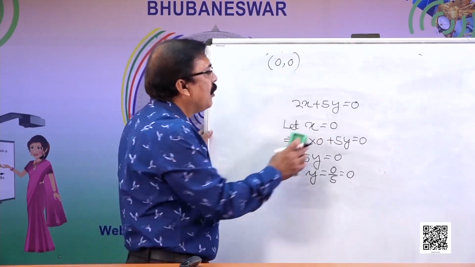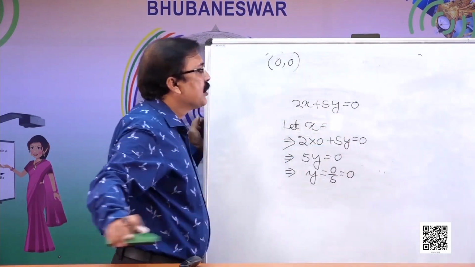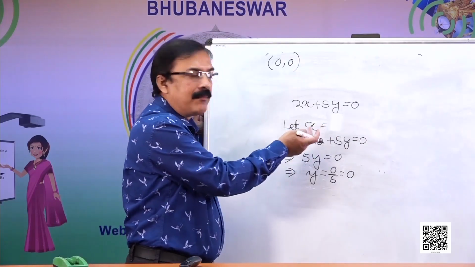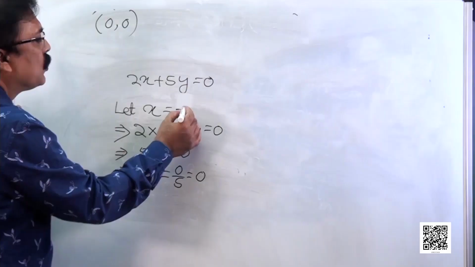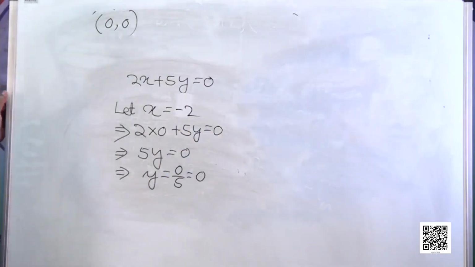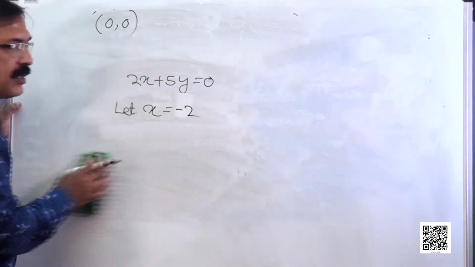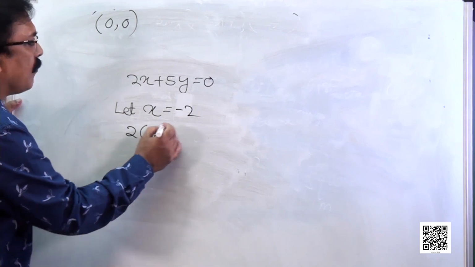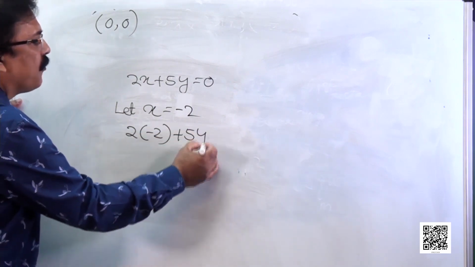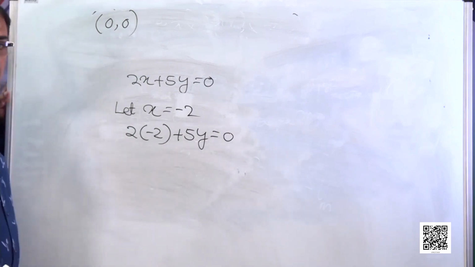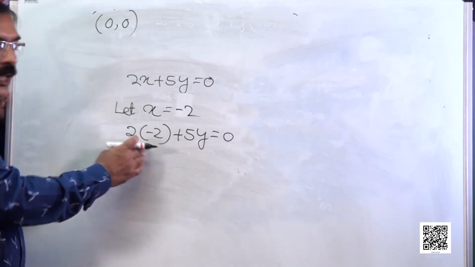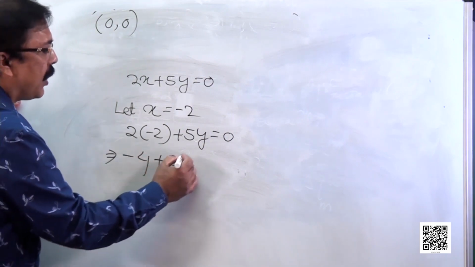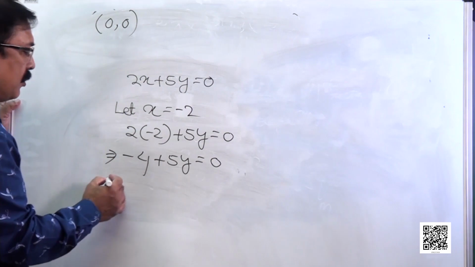Now if we put the value of x, let's try with some negative number, minus 2, then what is the result? What is the value of y for which this is satisfied? 2 into minus 2 plus 5y is equal to 0. So 2 into minus 2 gives minus 4 plus 5y is equal to 0.